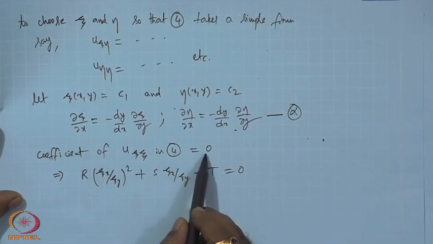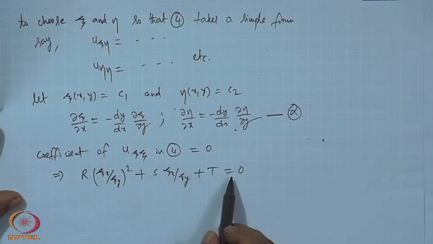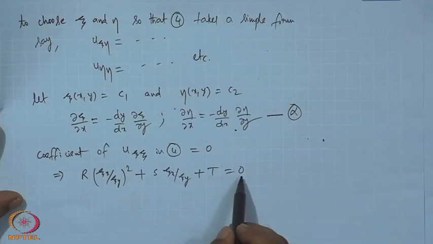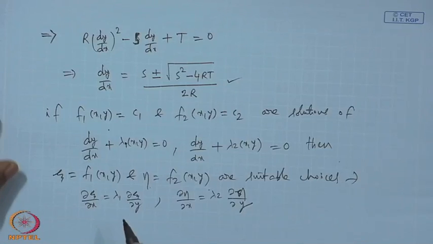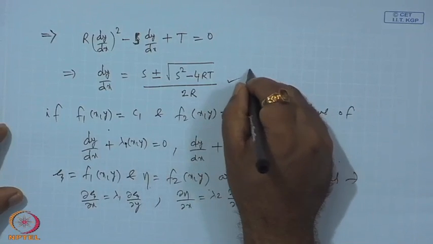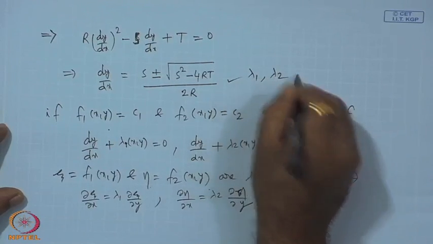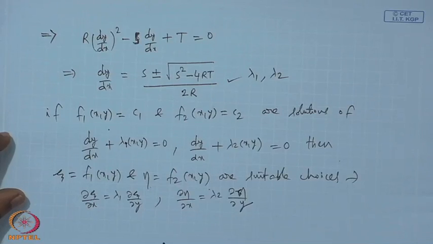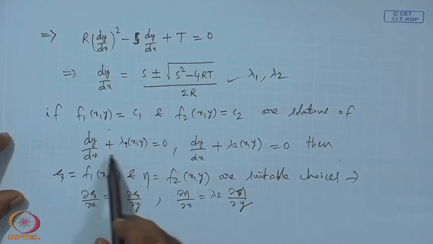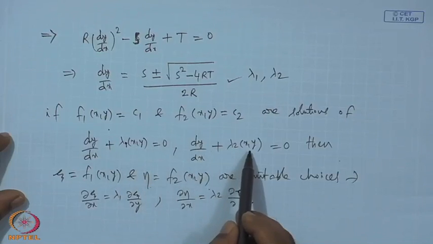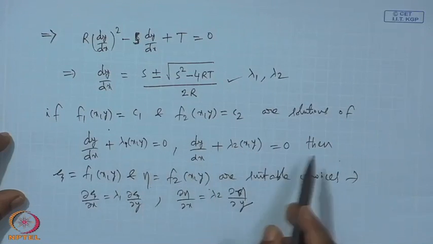If we force the coefficient of this to be 0, we need this quadratic, and on solving we get dy by dx, say lambda 1 and lambda 2. Essentially, dy by dx plus lambda 1 is 0, dy by dx plus lambda 2 equals 0.